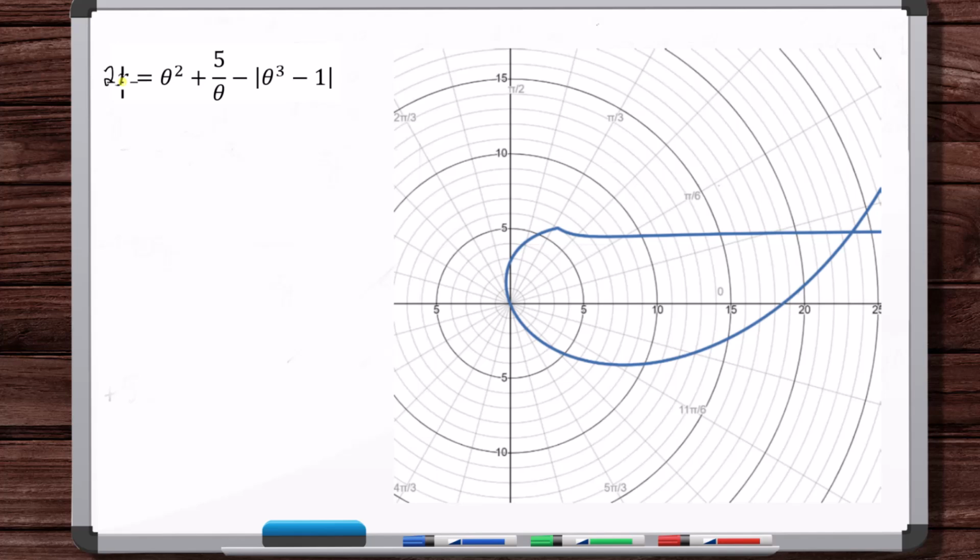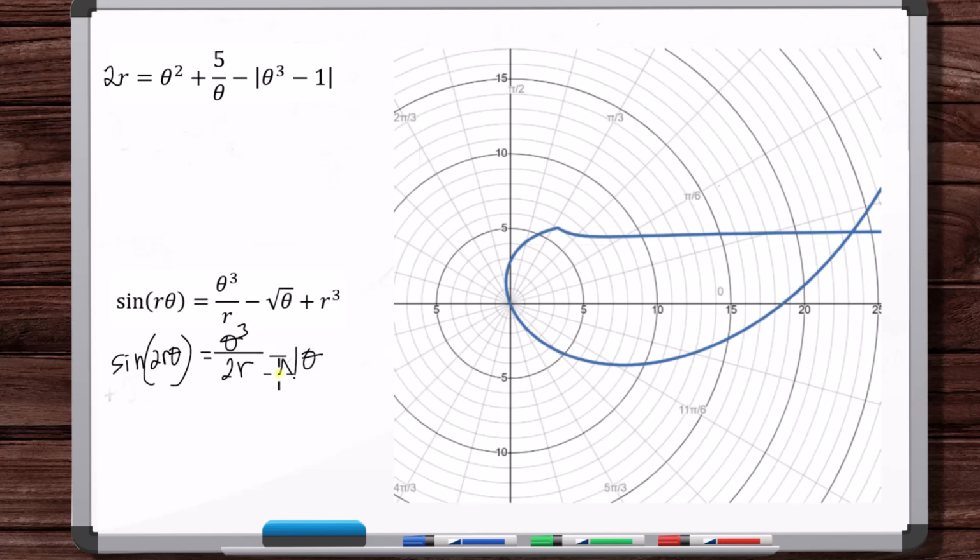Well, there's only one r here, so that's it. If we want to do the same thing here, we would do 2r like that. That would shrink this graph about the r-axis by a factor of 2. So divide every r coordinate by 2 without changing the theta coordinate.